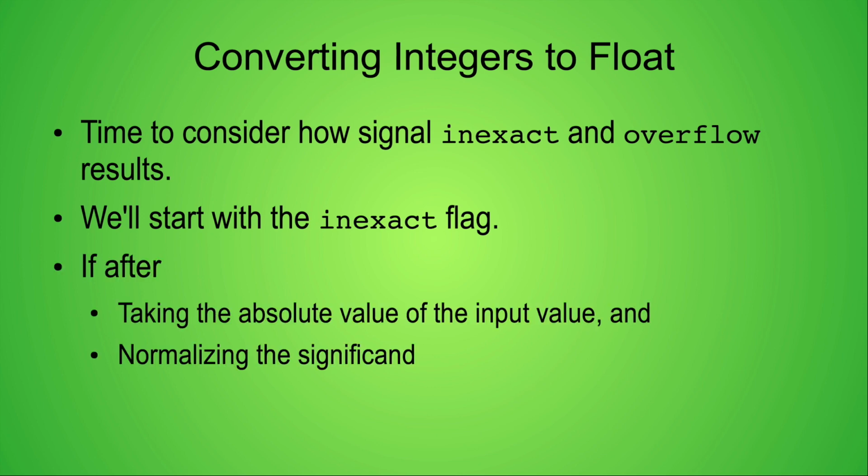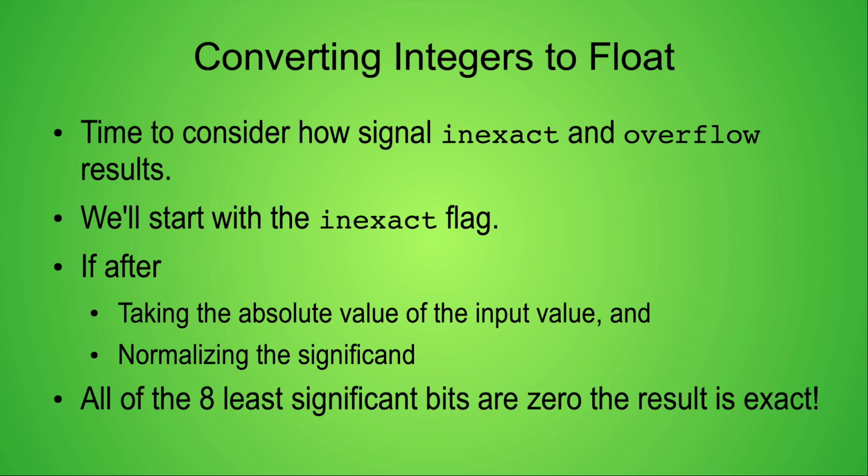After we've taken the absolute value of our integer input value and left shifted it to get the normalized significand, if all 8 of the least significant bits of the significand are 0, based on what we now know about how rounding is done, we should be able to see that after rounding, the number in the binary 32 output will be exact because the rounded significand value will be equal to the significand value we got if we truncate the last 8 bits. That is, our integer input value only needed 24 or fewer bits to be expressed exactly.